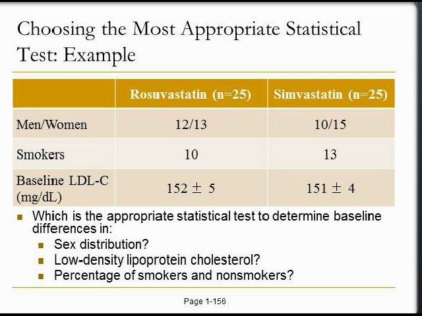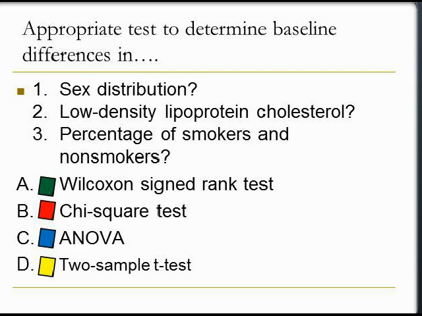Okay, so the question we're going to go through is which is the appropriate statistical test to determine baseline differences in sex distribution, LDL cholesterol concentrations, and the percentages of smokers and non-smokers in the rosuvastatin and the simvastatin group. Here, green for A, red for B, blue for C, and yellow for D. So sex distribution.